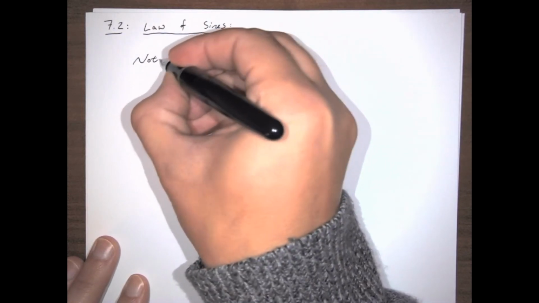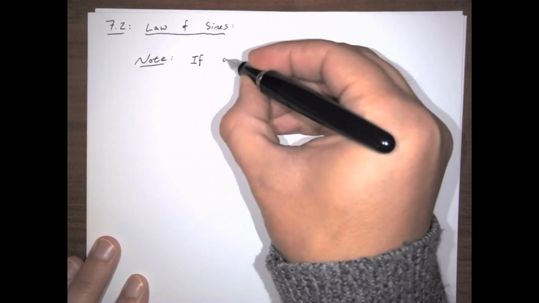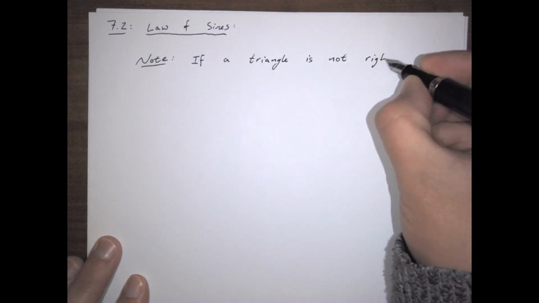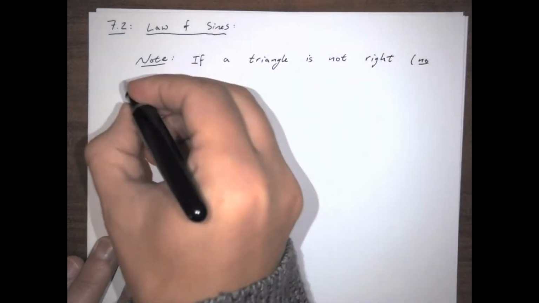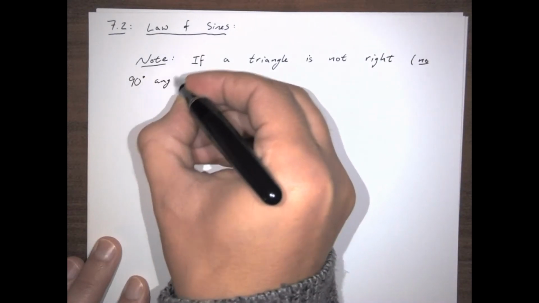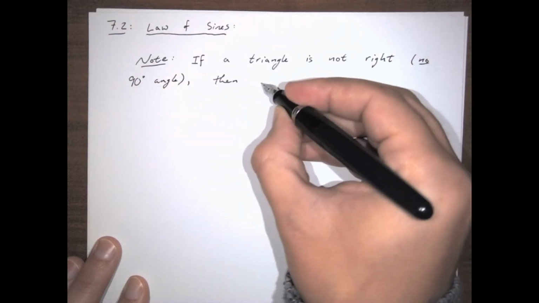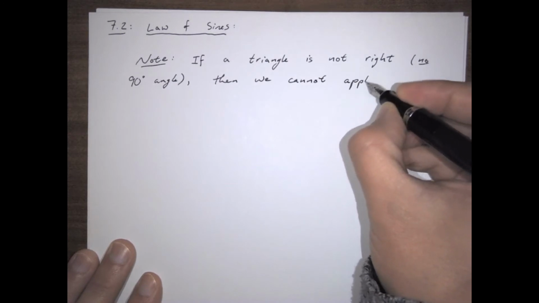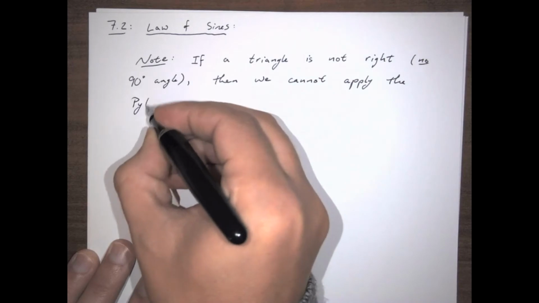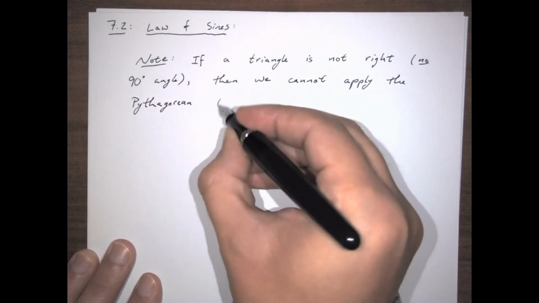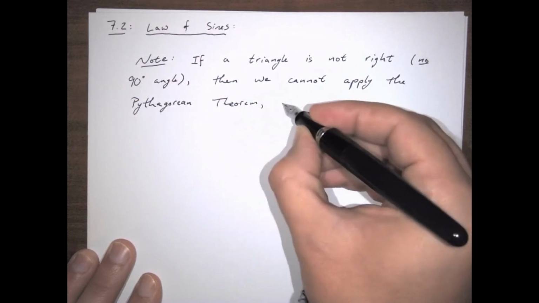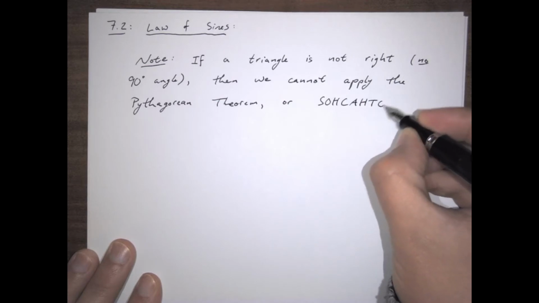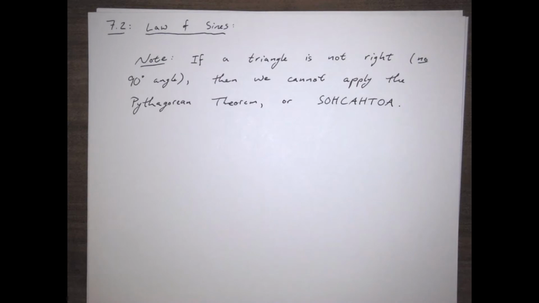So note, if a triangle is not right, in other words, no 90-degree angle, then we cannot apply the Pythagorean theorem or our SOHCAHTOA, our triangle definitions of the sine, cosine, and tangent.